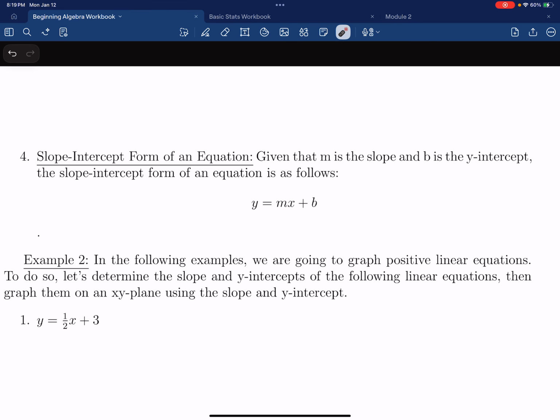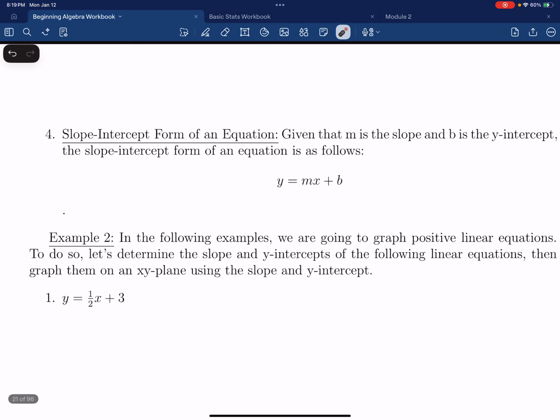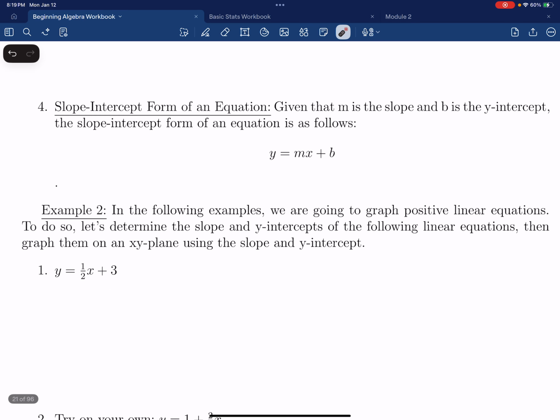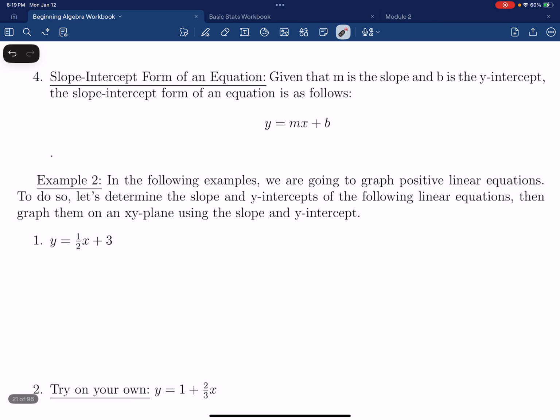And then our last important vocab for this section of notes is the slope-intercept form of an equation. So given that m is the slope and that b is the y-intercept, this is the slope-intercept form: y equals mx plus b. So using all this information we've just gone over, let's put it into some practice.